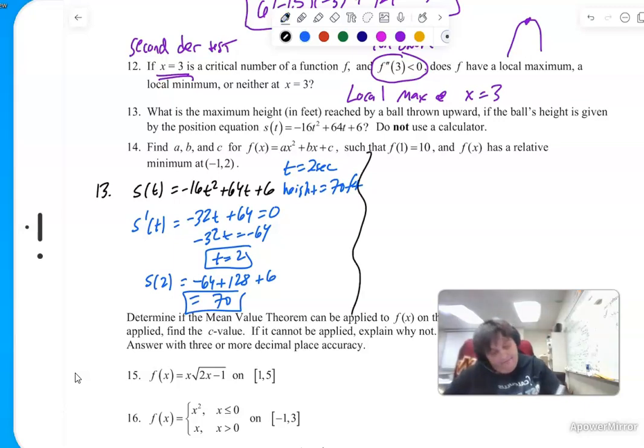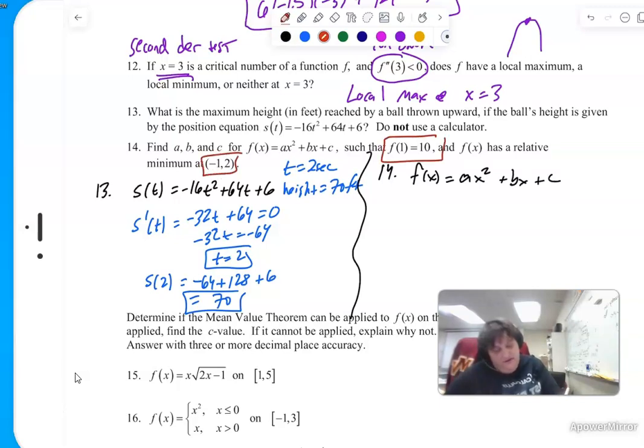Okay. Let's do 14 over here. Find a, b, and c for f of x is ax squared plus bx plus c, such that, okay, I have this, and then f has a min at that. That tells me two things. Actually, when it tells me what a relative min is, it tells me two things.